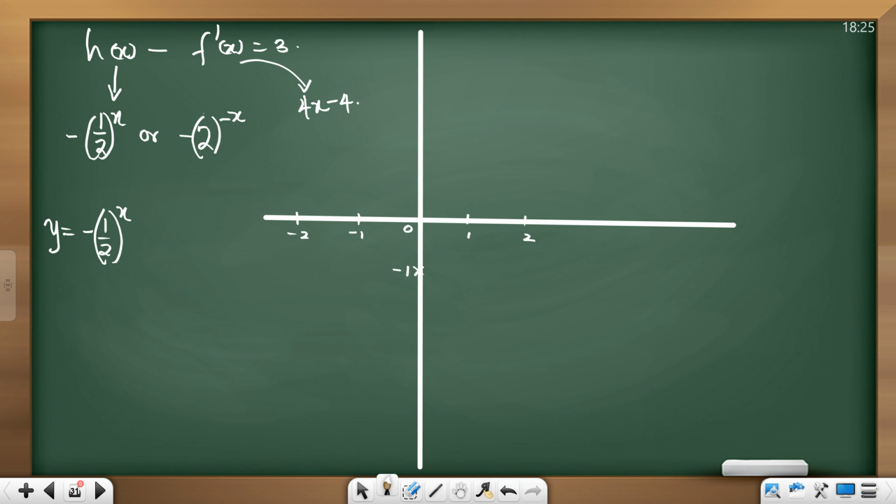Can you put x as 1 there? What do you have? Negative a half. All right. So when x is 1, you are getting negative a half, which is right there. Make sense? Good. When x is 2, so it's going up.